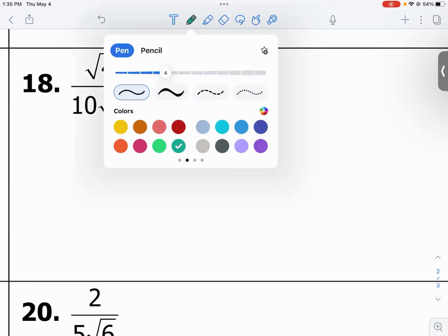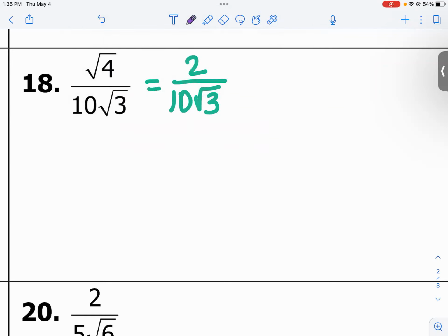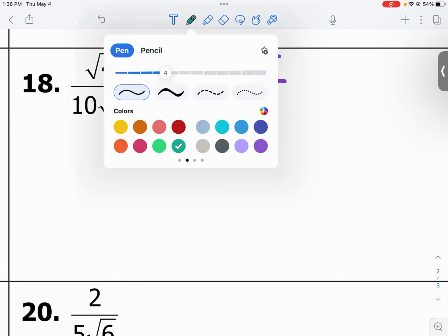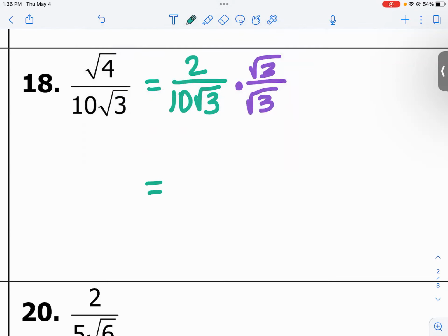Now we need to rationalize the denominator. So our numerator is 2 radical 3.